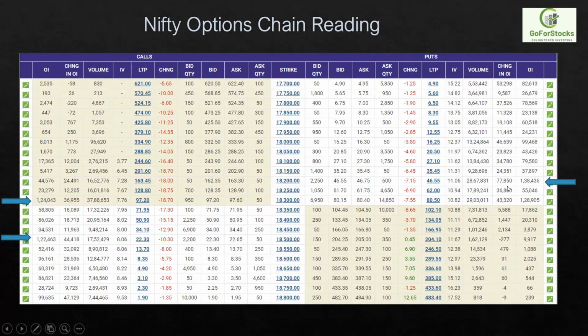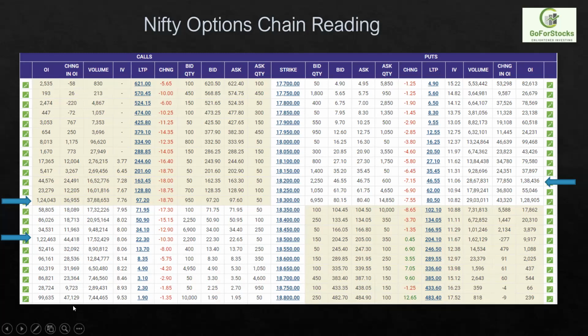If that holds on, we might see either consolidation or a break of the 18,350 levels. Going to the call side, the maximum call open interest is at the 18,300 level, and a similar figure of 1,22,000 contracts is at the 18,500 level. 18,500 has also seen the maximum addition in open interest.